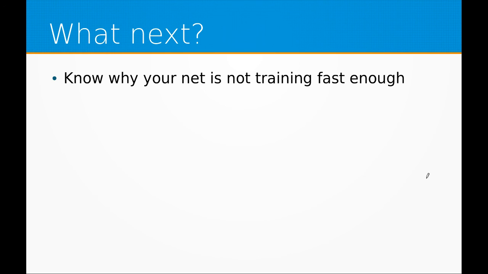So the next question is, from here, what do you do next? Now that you know how things are implemented in the background, you can explain why your network is not training as fast as you expected. I see this kind of issue in Theano's issue tracker a lot.